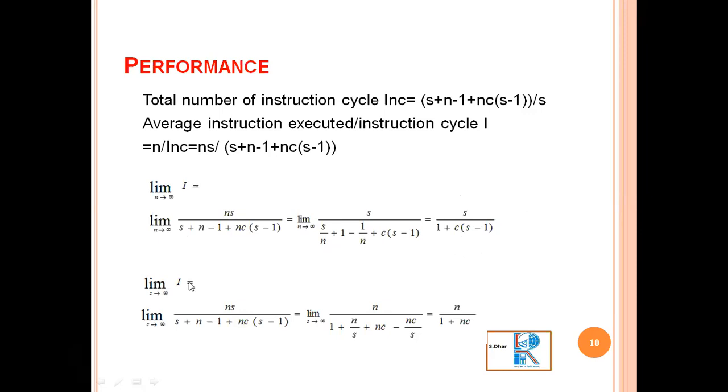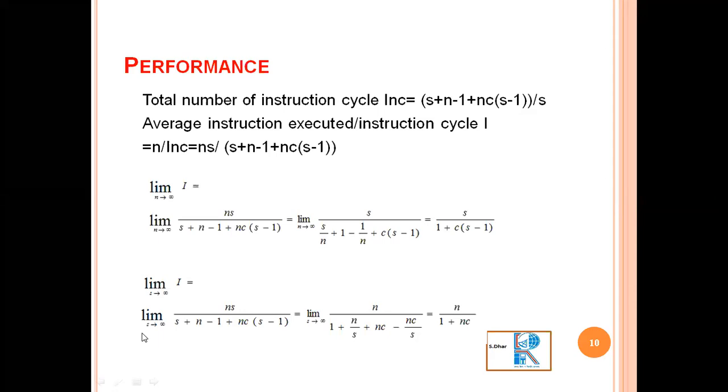Similarly, if the number of stages is very high, what will be the average instructions executed per instruction cycle, or the speed up, or the performance of the system? That means if I increase the number of stages to a very high value, will we get an infinite speed up? No. See here, what is the maximum speed up we can get?